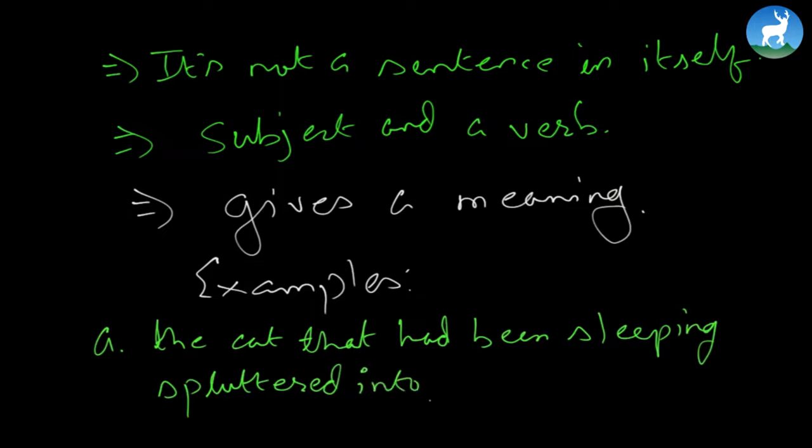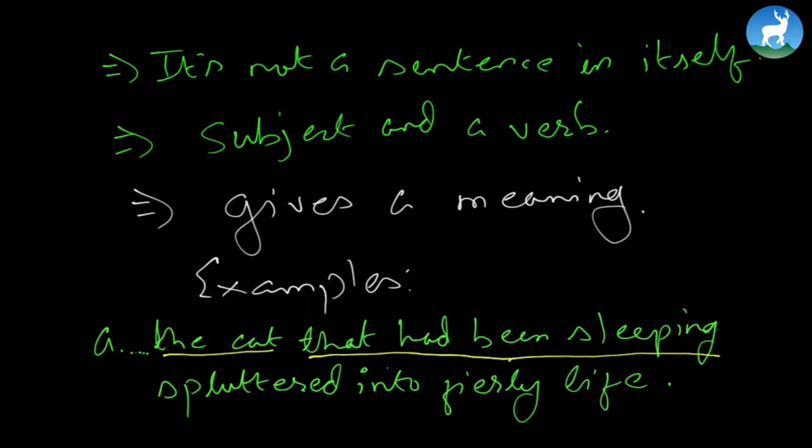And by the way, I will not forget to give these dots at the beginning of the sentence, because this is not the whole sentence. But now in this example, the cat that had been sleeping spluttered into fairy life. Here the subject is the cat, and that had been sleeping is what we call the clause. If you look at it carefully, it is talking about the cat.